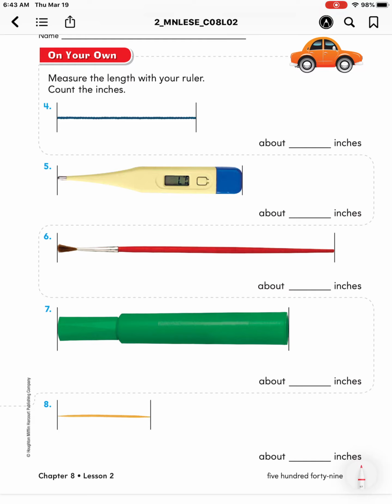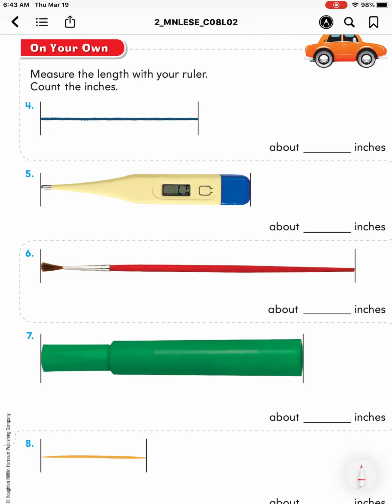Actually, for me, I prefer that you create your own ruler. But here, if you didn't create one, you can have a ready-made one. But it should be in inches, because most of the time we find that the rulers are in centimeters.